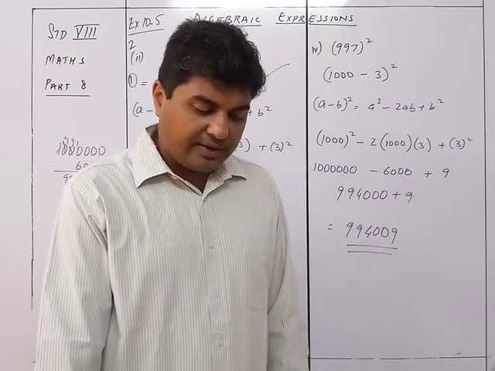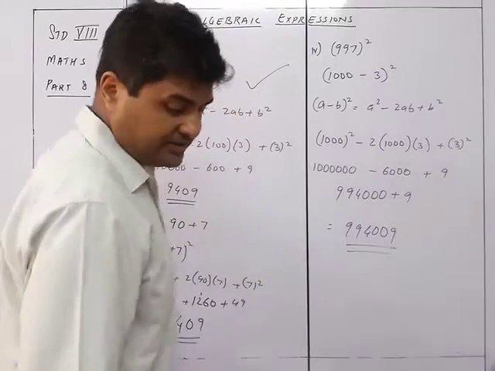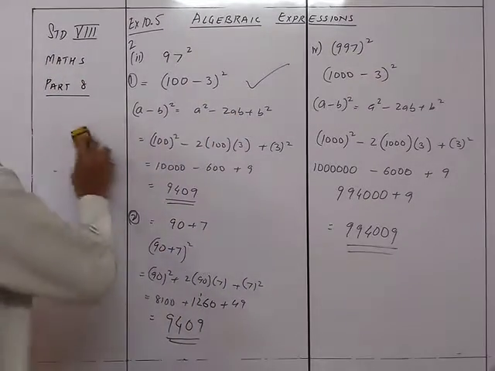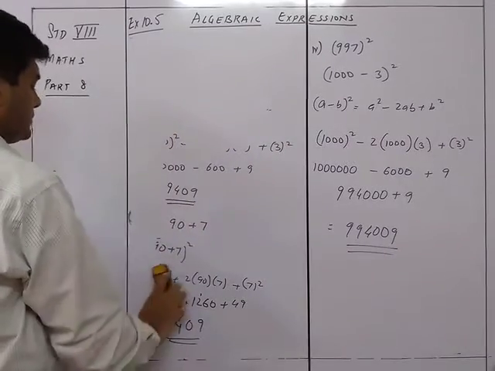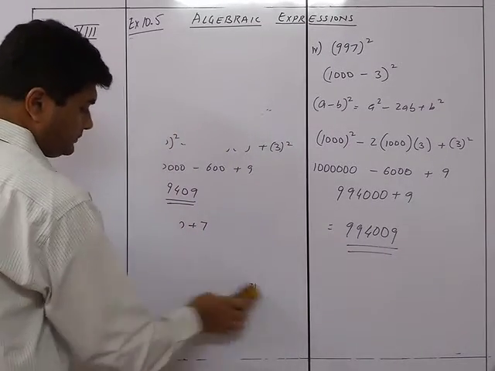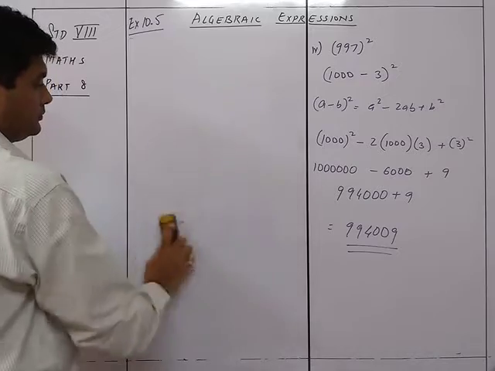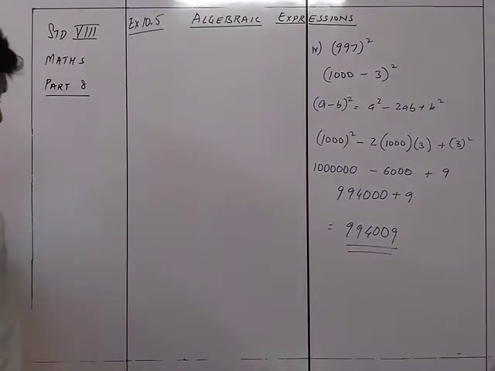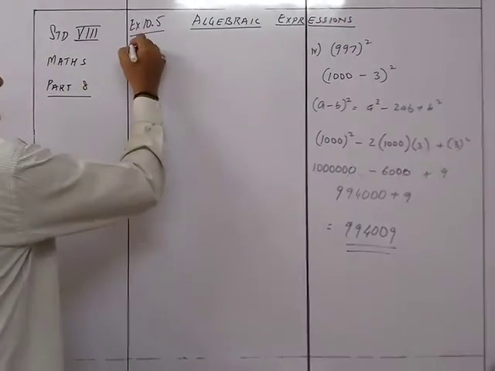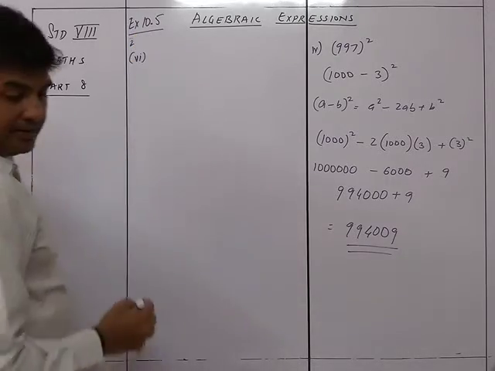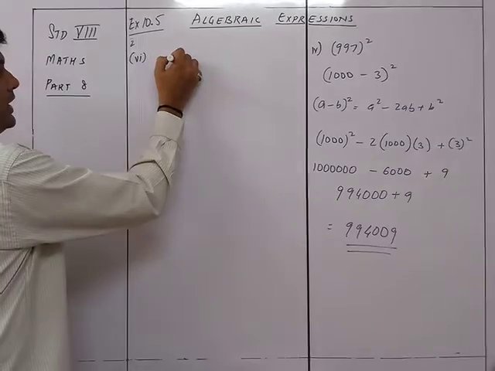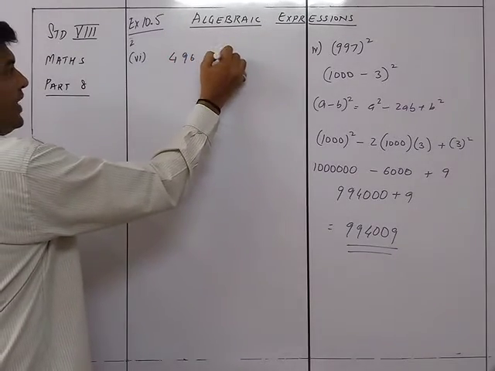Now we see the next one, that is sum number 6th. Second ka 6th. It is given as 496 into 504.